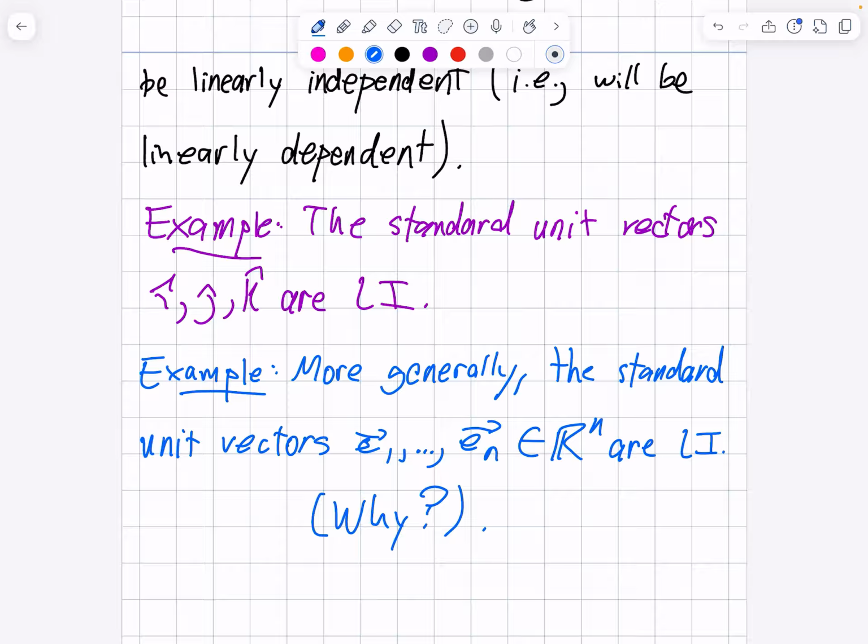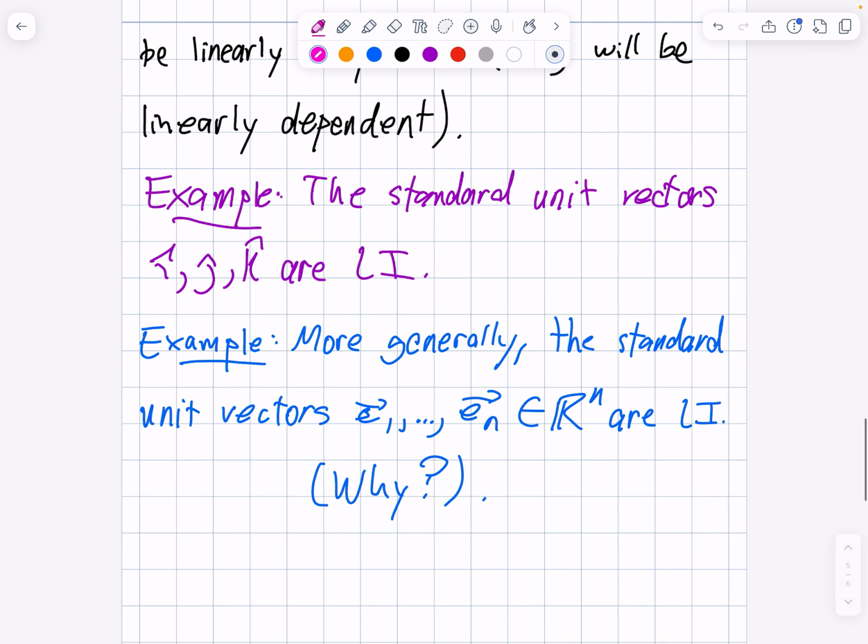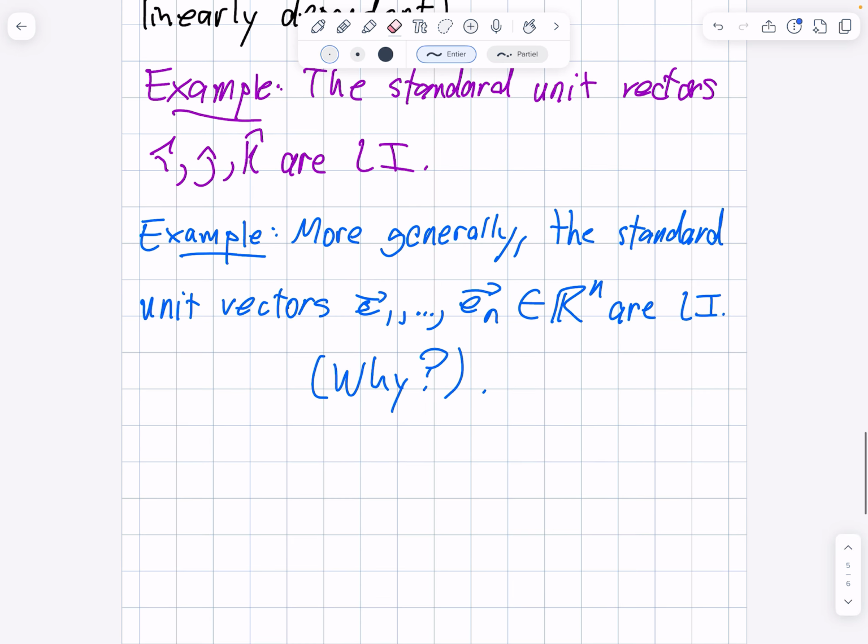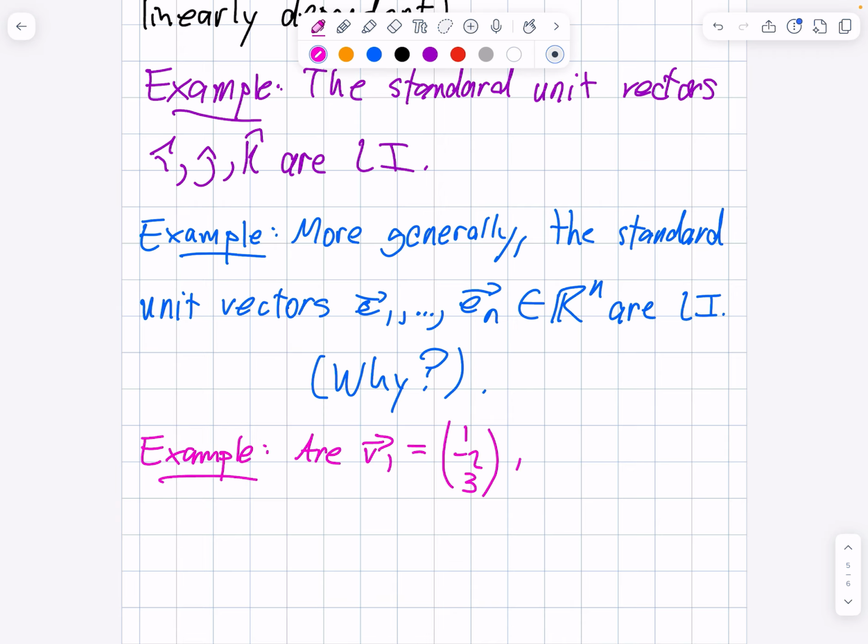Okay, and now let's actually do an explicit computation. And so we're going to ask, are v1 equals (1, -2, 3), v2 equals (5, 6, -1), and v3 equals (3, 2, 1) linearly independent?